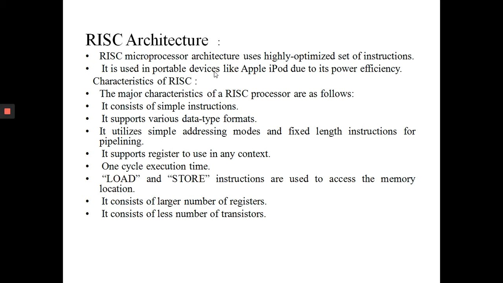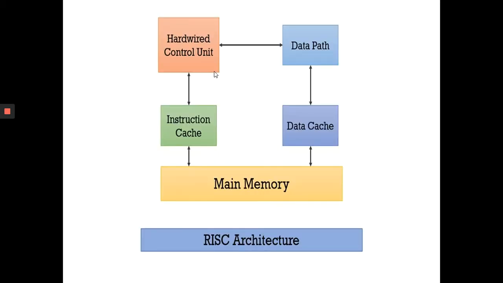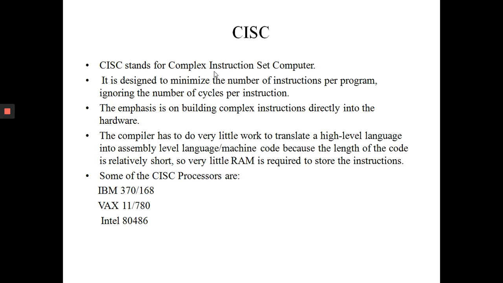It supports register use in just one cycle execute time. Load and store instructions are used to access the memory location. It consists of a large number of registers. It consists of fewer transistors. This is a diagram representation of RISC architecture.